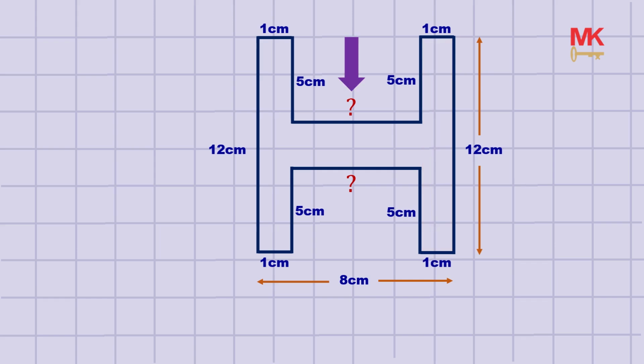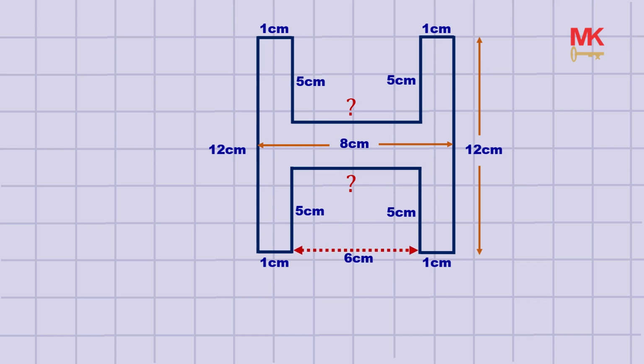Now we have this length and this length remaining to find. The entire length of the base of this figure has been given as 8 centimeters in the question. And this is uniform across the shape because the entire shape is formed by joining several rectangles. What this means is that from here to here must be 6 centimeters, so that 1 centimeter plus 6 centimeters plus 1 centimeter balances this 8 centimeters.